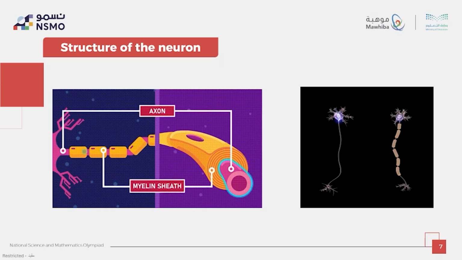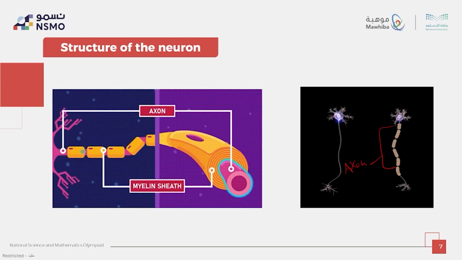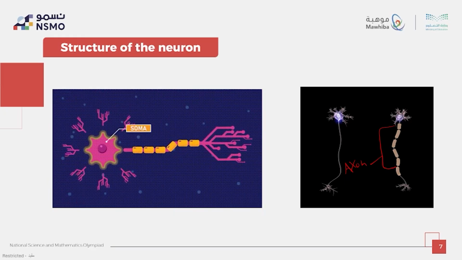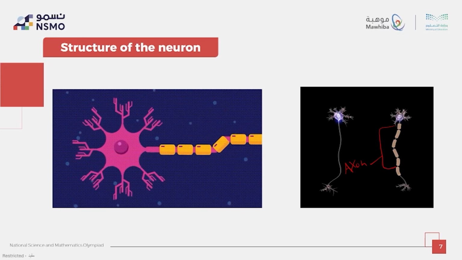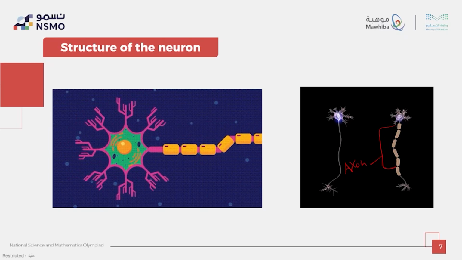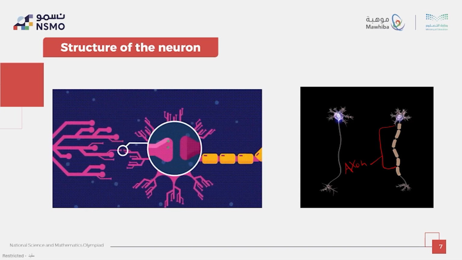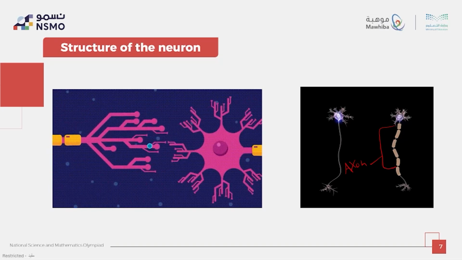The first thing that we will talk about is the axon. What's the axon? The axon is the long wire-like extension that carries nerve signals from the cell body to other neurons or muscles.